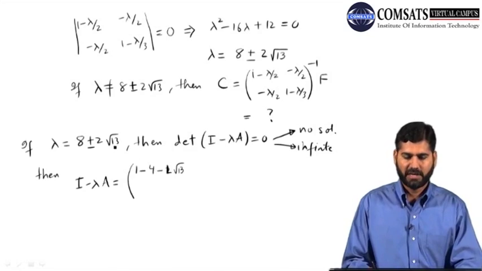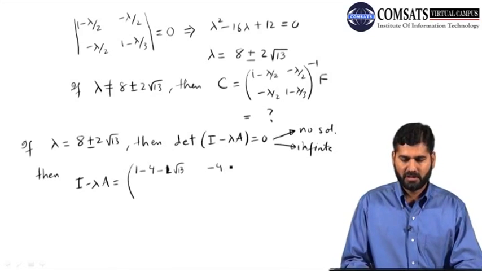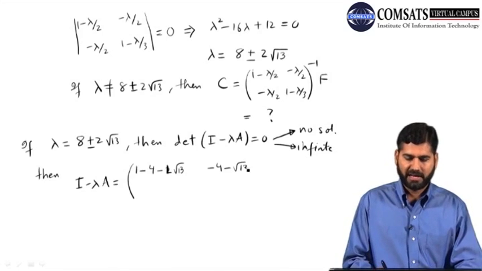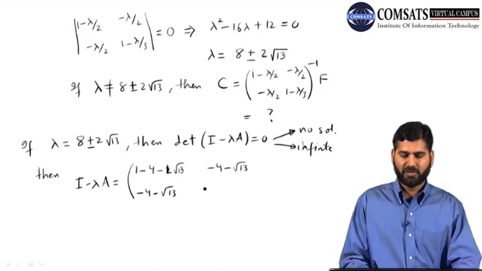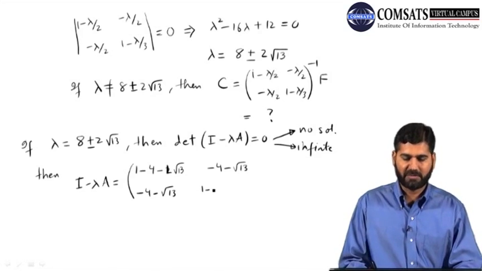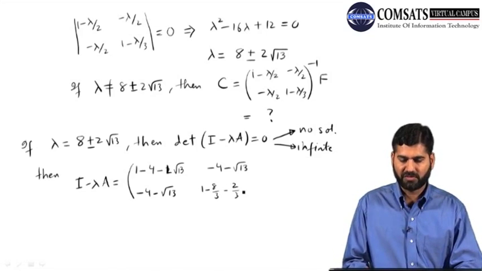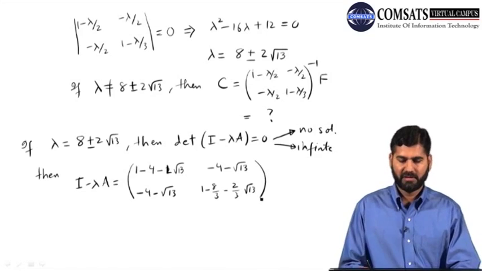Again lambda by 2 is 4 minus square root of 13, and 1 minus lambda by 3 is 8 by 3 minus 2 by 3 square root of 13. So this is what you will have, right? Your coefficient matrix will be this one.